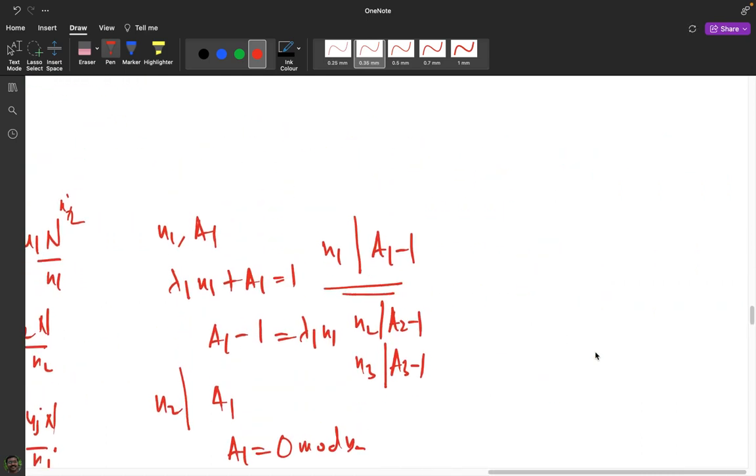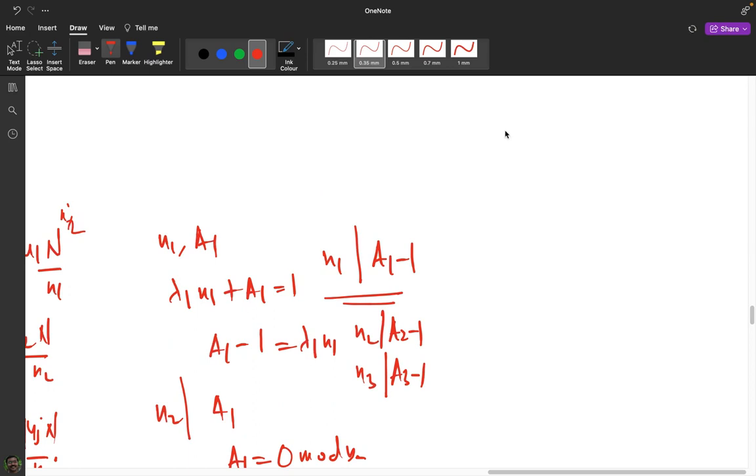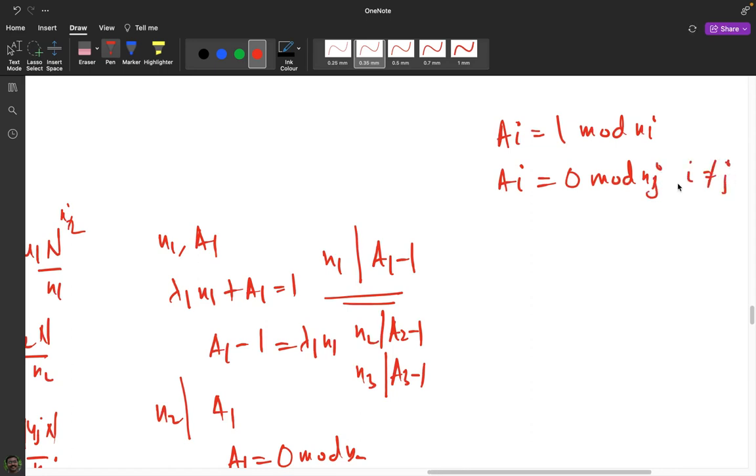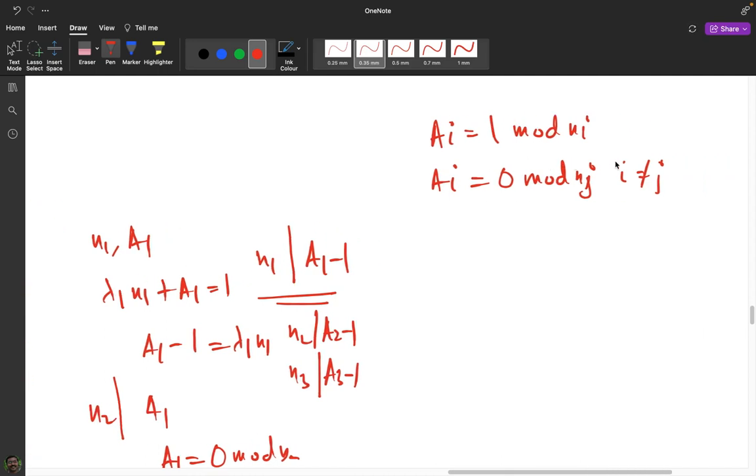Generally I can say that ai is congruent to 1 mod ni, and ai is congruent to 0 mod nj, where i is not equal to j. If i is not equal to j it will be 0 mod nj, and if it is the same, it will be 1 mod ni.